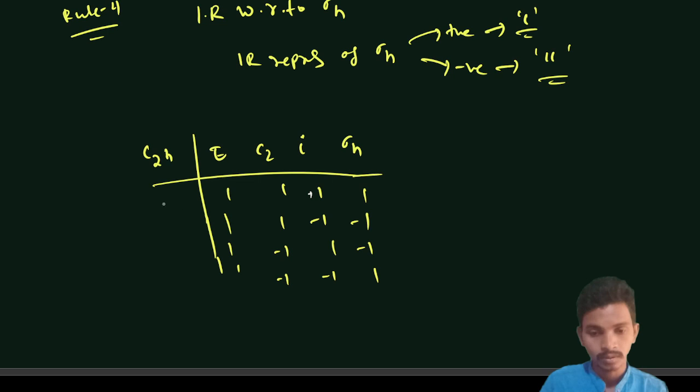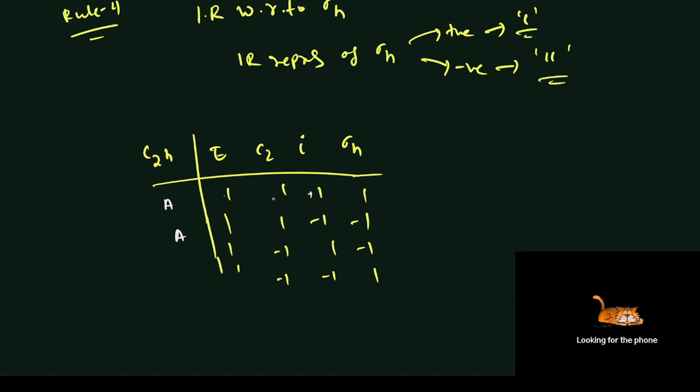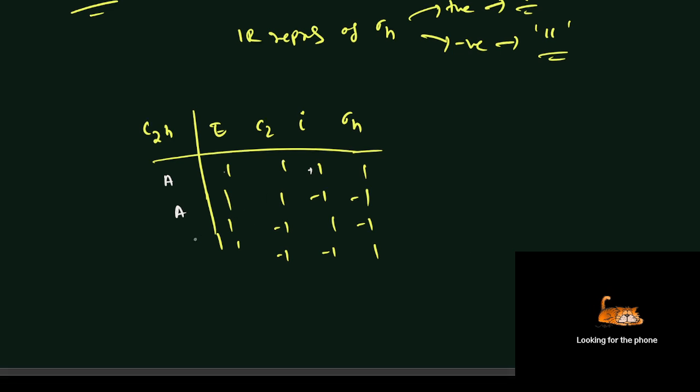This is A because of this, and this is A, and this is A. This is B, this is B, and since here sigma h is there, we look at the subsidiary axis.